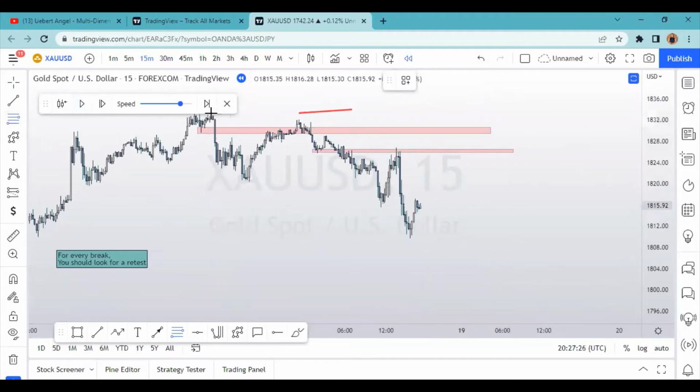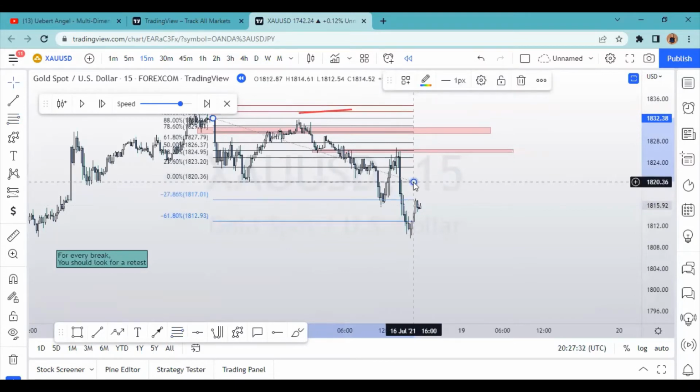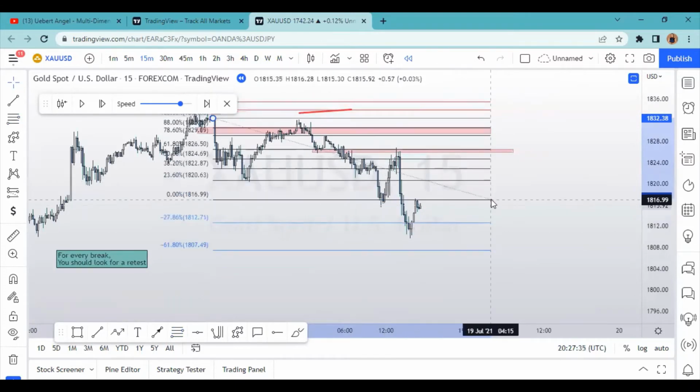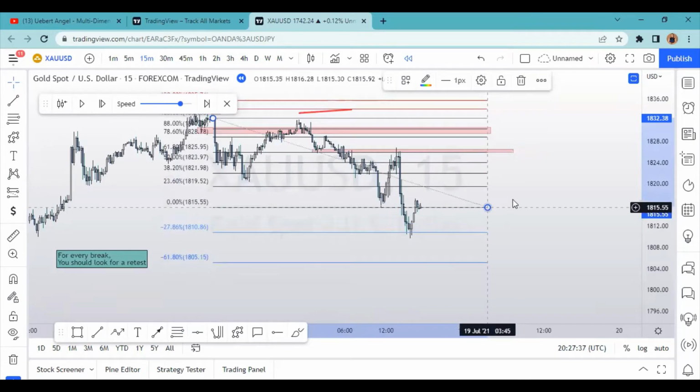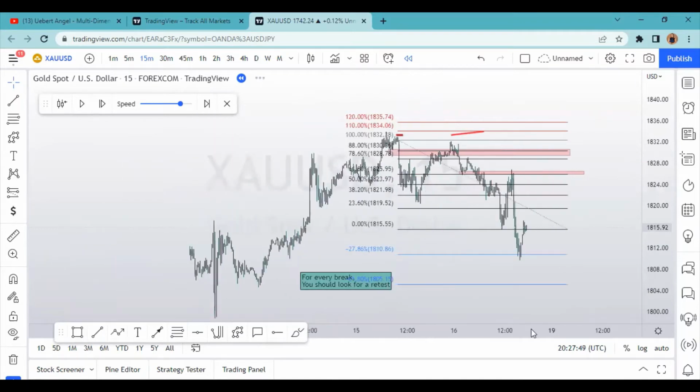Again, you use your fib. It was just completing that, and then I adjust my fib level. You can see that this aligns with the 61.8% of Fibonacci, which I would have drawn out earlier also. So hold on.